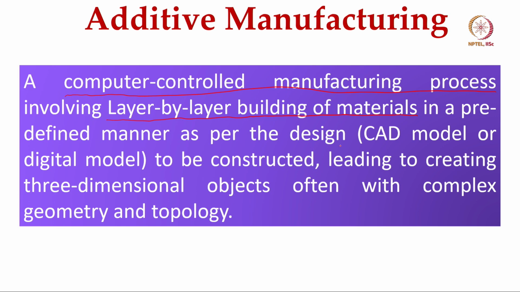Third important keyword is that this layer by layer building of materials must comply with the information contained in the CAD model or the digital model. And then the last point that I emphasized in the last lecture also, that the ultimate goal of additive manufacturing is to create three-dimensional objects, often with complex geometry and topology, which otherwise cannot be manufactured using conventional manufacturing techniques.